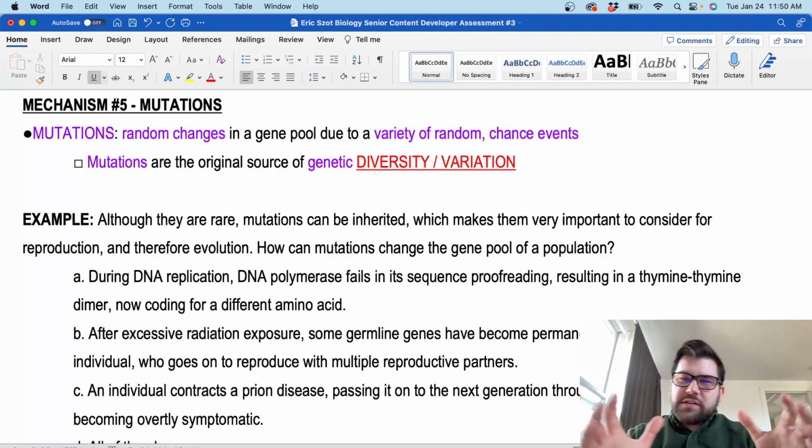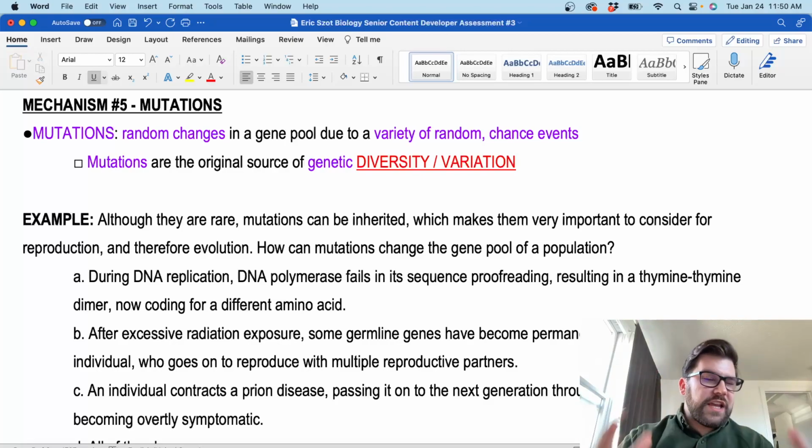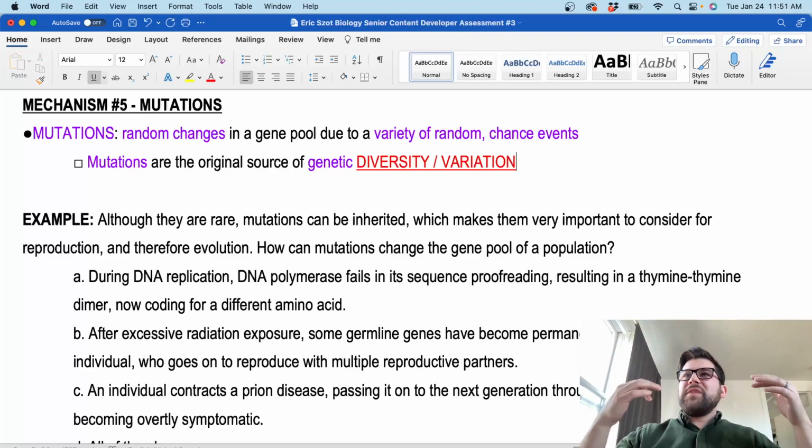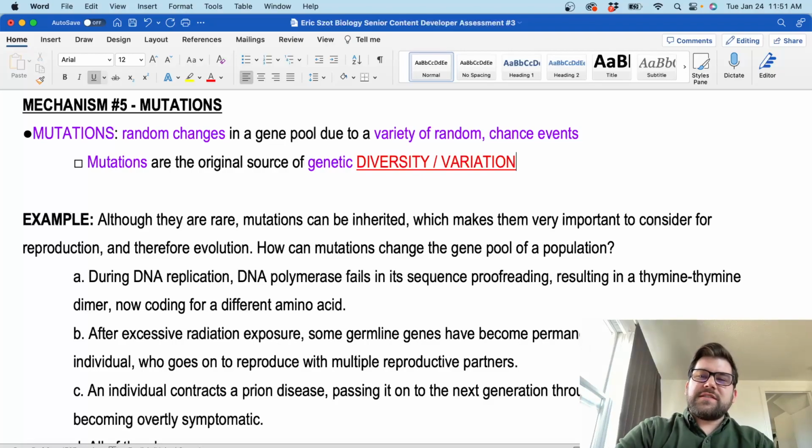But when we get to the mechanisms of evolution and we look at mutations as an evolutionary mechanism, it's the randomness here and their ability to happen at so many points, whenever. Of course we're going to be changing the gene pool over time. Mutations, a lot of times, especially if they're due to environmental exposure to radiation, toxins or pollutants, just cannot be avoided, or at least even humans haven't figured out a way to stop them from happening yet.